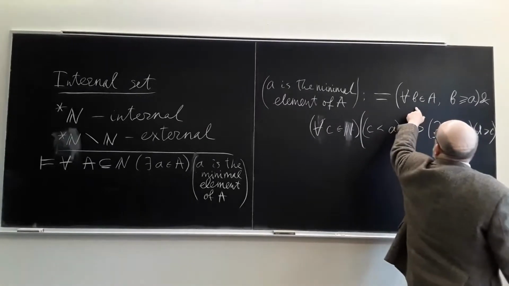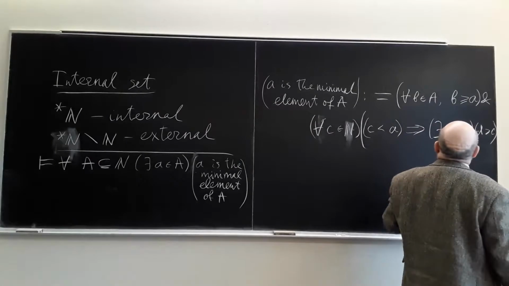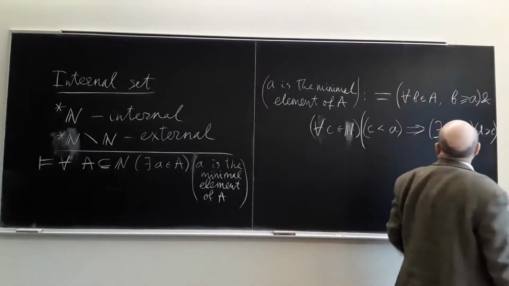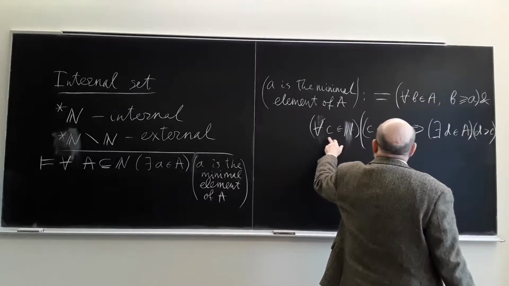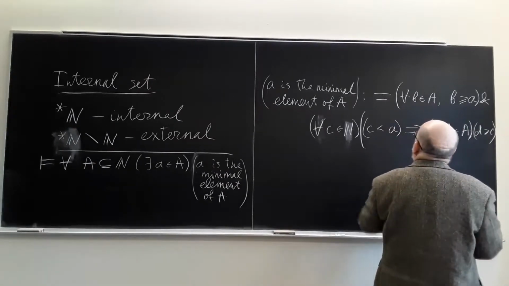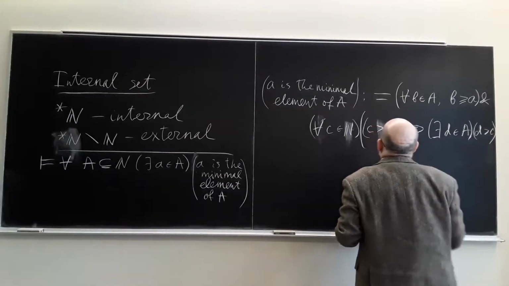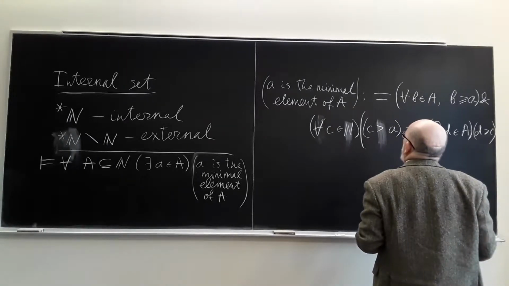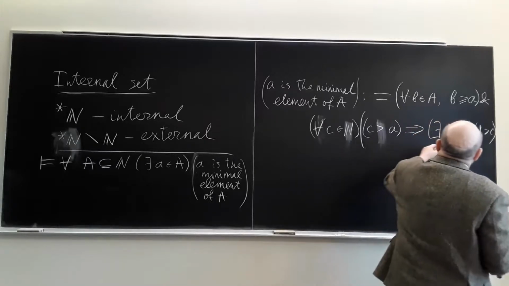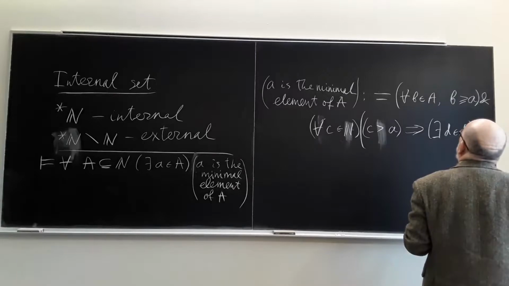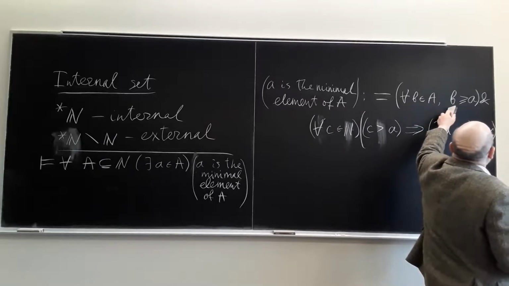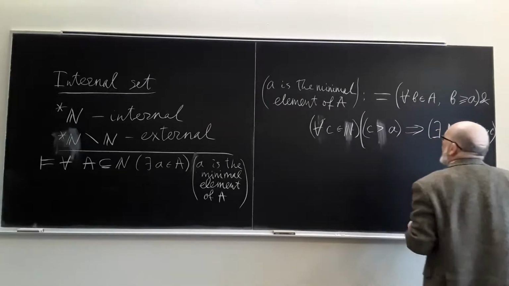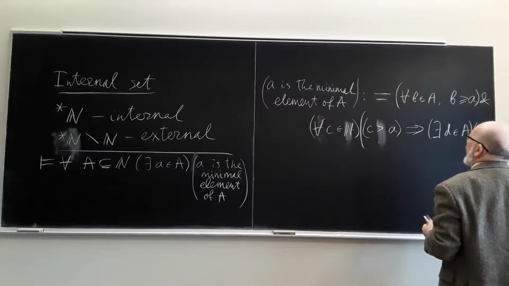So this says that a small is the lower bound of A, and the second says that, just a minute, we are looking for the lower bound. So the first says that a is a lower bound, and the second should say that it is the greatest lower bound.